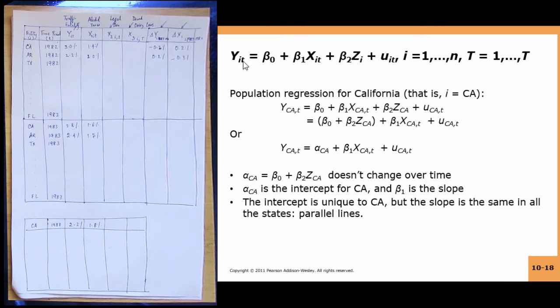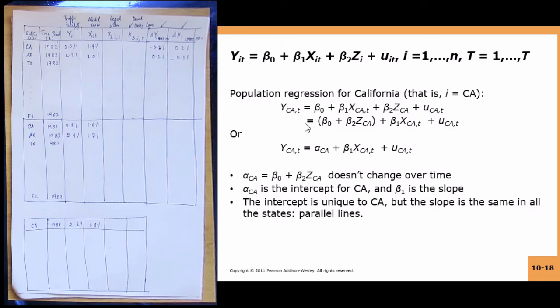So the model is specified as follows. Yit is beta 0 plus beta 1 xit plus beta 2 zi plus uit. This is the population regression function. Now suppose we say we are only looking at California. Population regression for California. We substitute California for i everywhere.